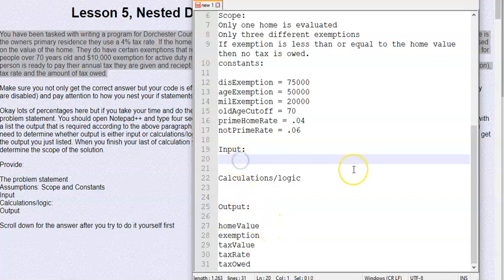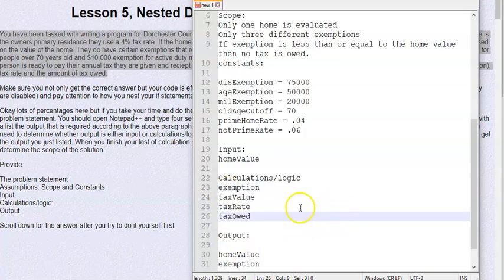So that is going to be an input, and I can either copy and drag it, or I can just put home value in that way. So the rest of these all have to come up. So Control C, Control V, and then equal.